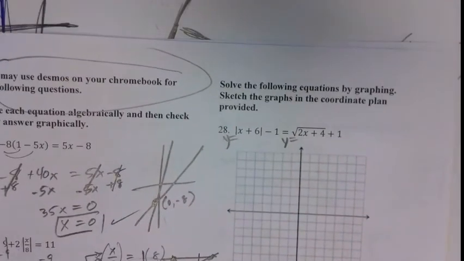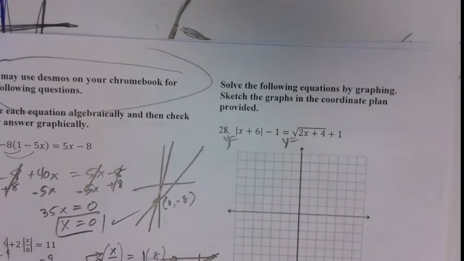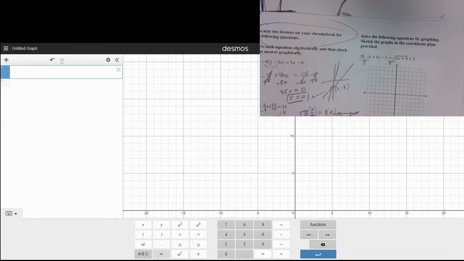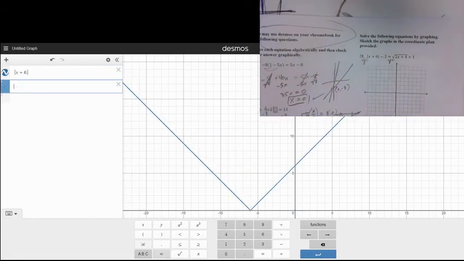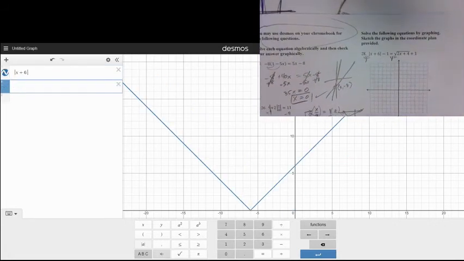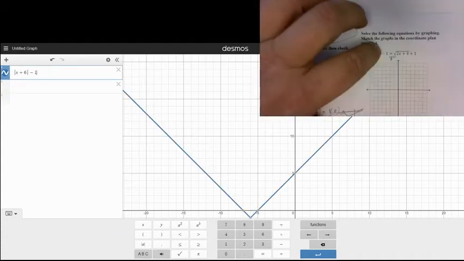So let's look at 28. Okay, now we'll go to decimals. So I will look at y equals the absolute value of x plus 6. Good. And on the right side, minus 1. Don't forget, minus 1. Do the whole thing.